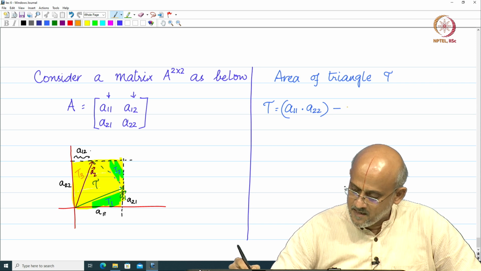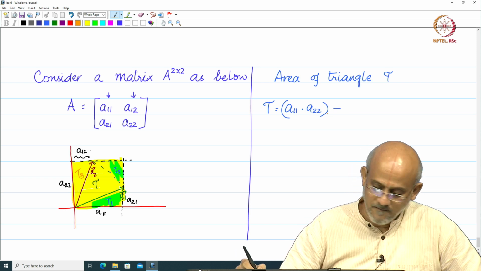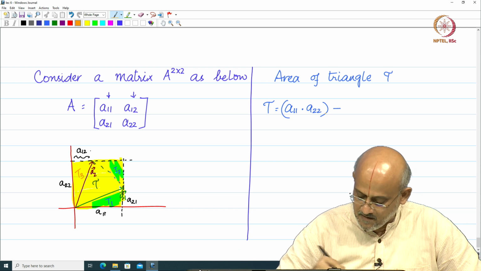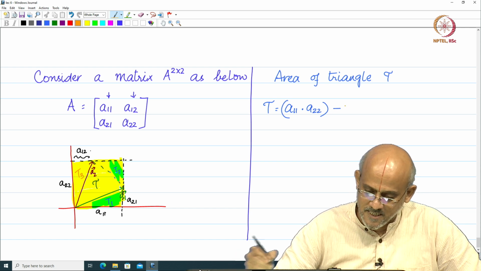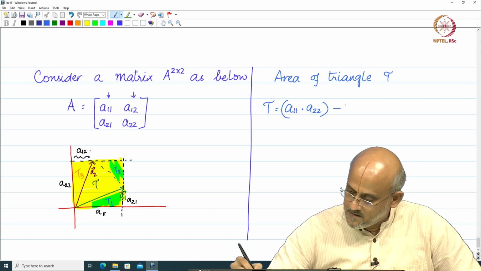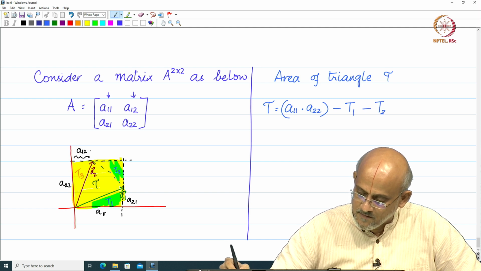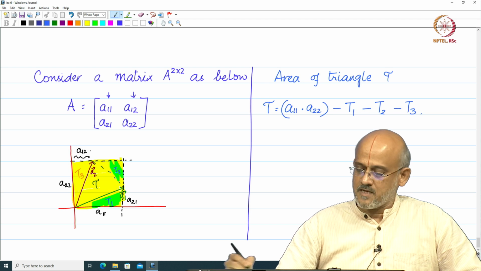So, this is basically A11 into A22, that means the area of the entire rectangle, minus the area of triangle T1, minus the area of triangle T2, minus the area of triangle T3, right. That is what we are going to have.